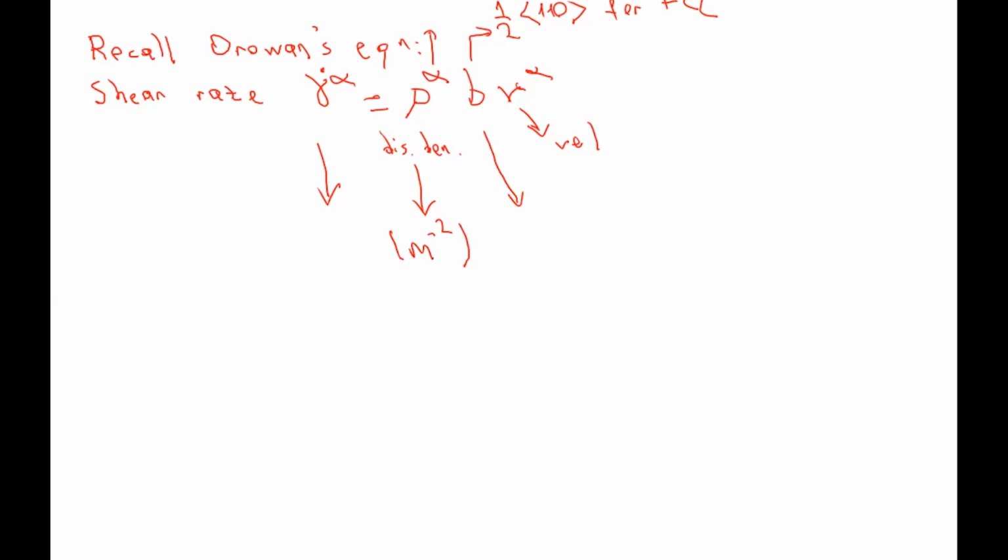The Burgers vector, we have some slip in atoms. What is the unit of Burgers vector? It is just the length, right? Meter. And what is the unit of velocity?